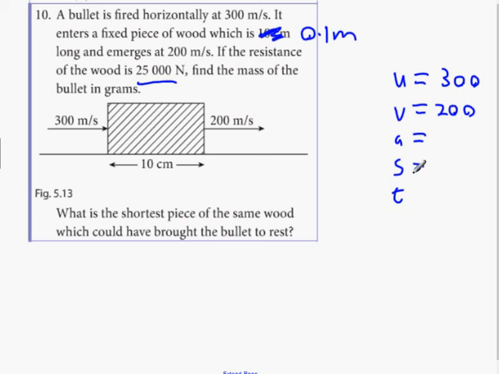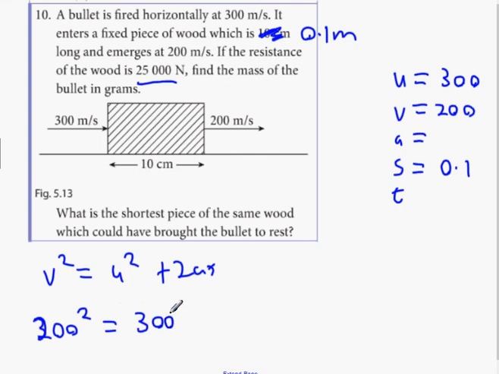We know the S value is 0.1. V squared equals U squared plus 2AS. So 200 squared equals 300 squared plus 2 times A times 0.1. Would somebody tell me what 200 squared minus 300 squared is?